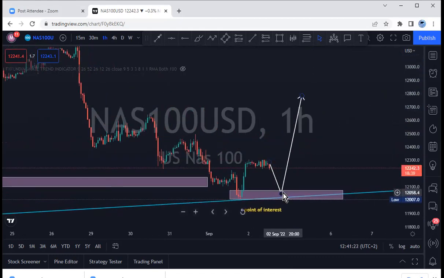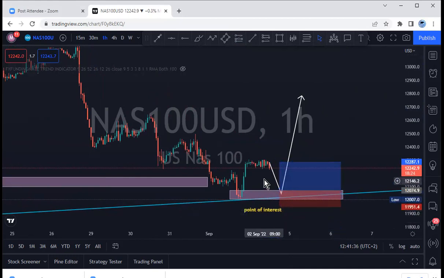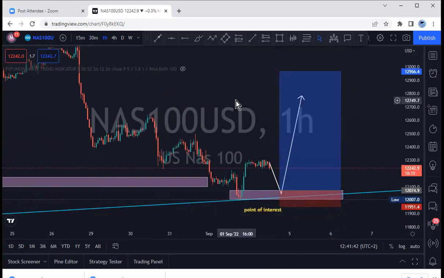If the market comes and tests this level, you buy to the upside, and your entry can be like this, and then stop loss can be below here, and then to the upside. So this is our first scenario.